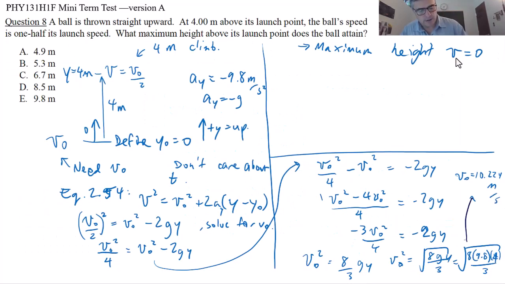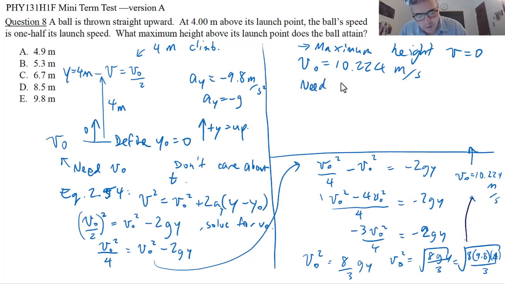So now I use that, v0 is equal to 10.224 meters per second. I know that from this first information, and again, v final is 0 because it's reached its maximum height.